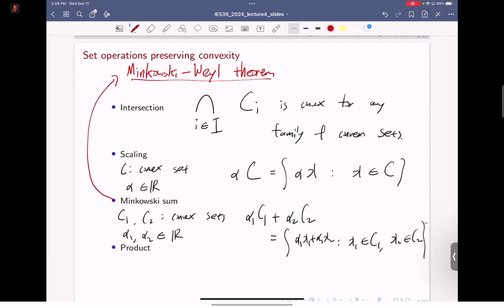Okay, so what this says is that a polyhedron is equal to a cone plus a polytope. And here, this is the Minkowski sum.